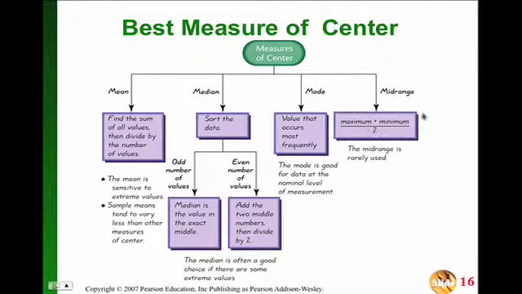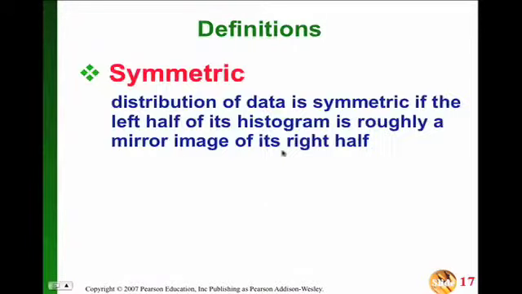They also have a seldom used measure, which they put right on the chart, mid-range: the maximum and minimum, divided by 2. That's seldom used, and we won't spend any time on it.